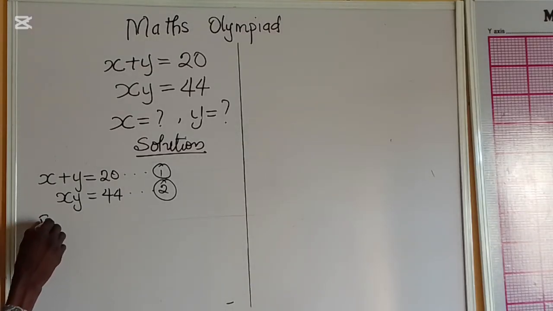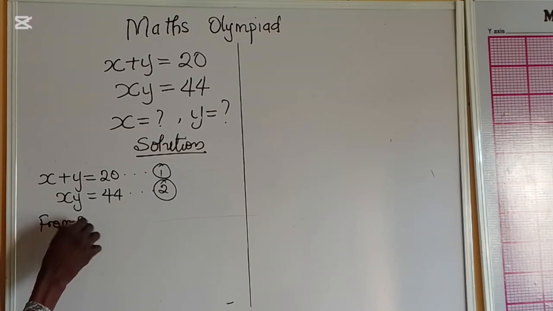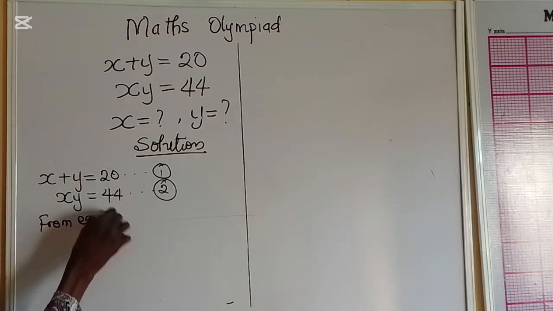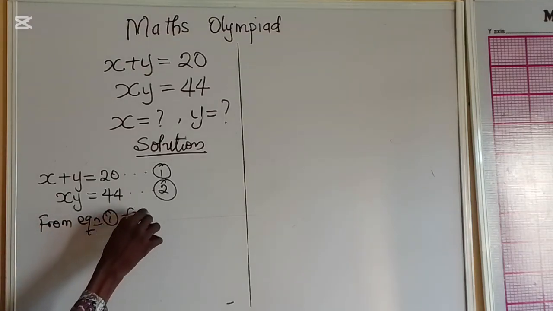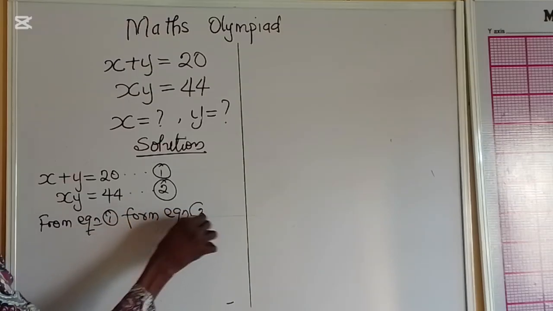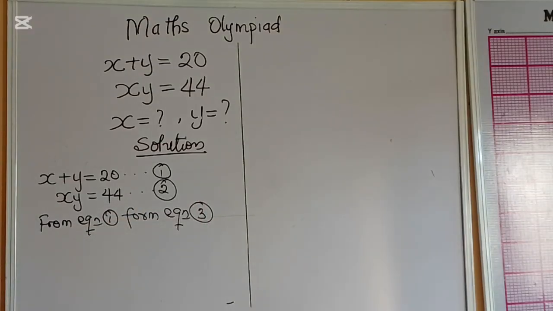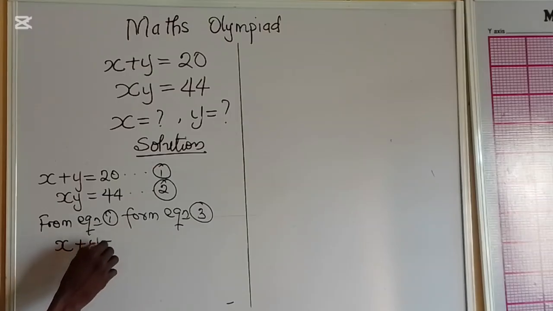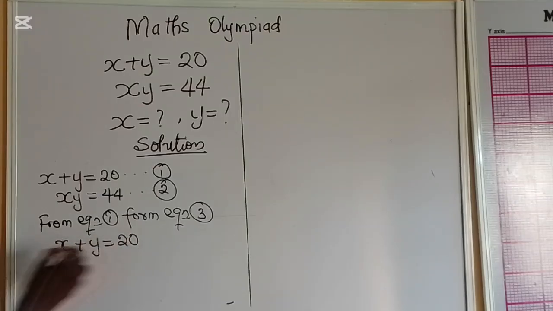So from equation 1, let us now form equation 3. Now, x plus y is equal to 20.